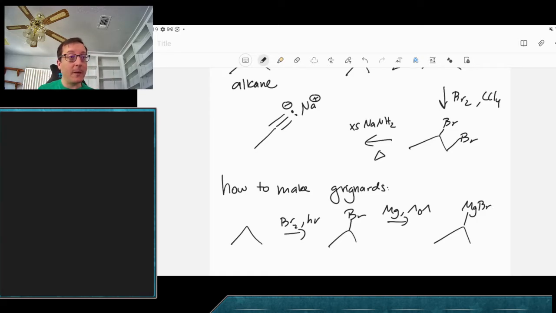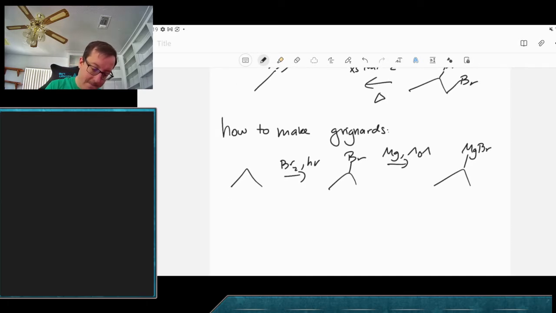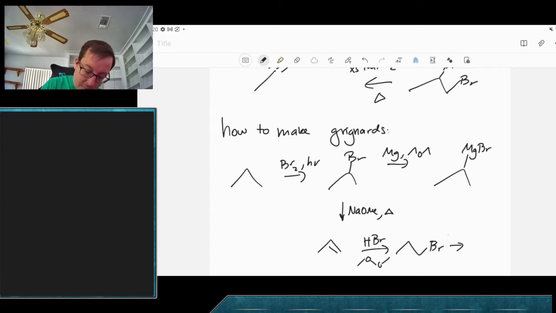However, if you wanted the primary position instead of this secondary one, you would have to eliminate, and then you'd have to do an anti-Markovnikov bromination. And then you can add your magnesium and your diethyl ether.